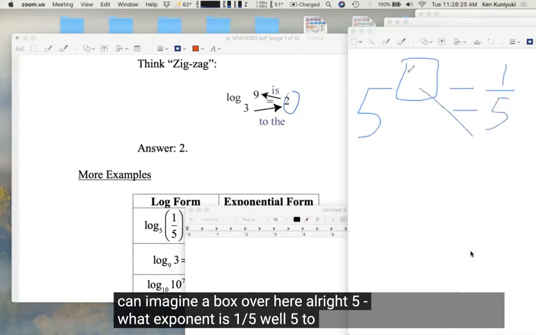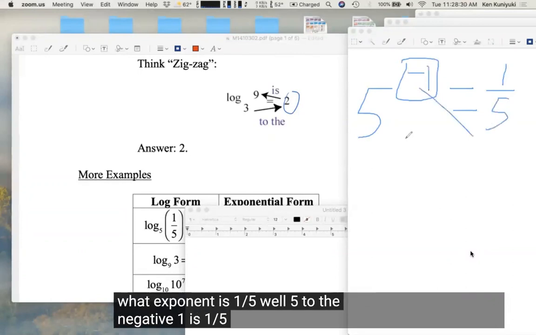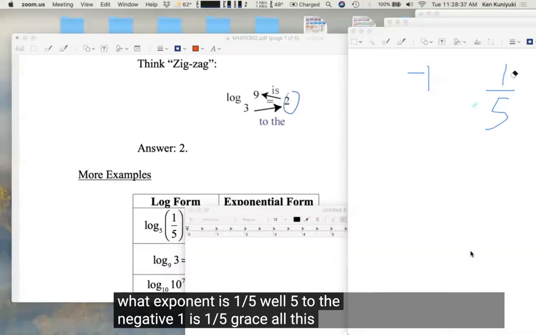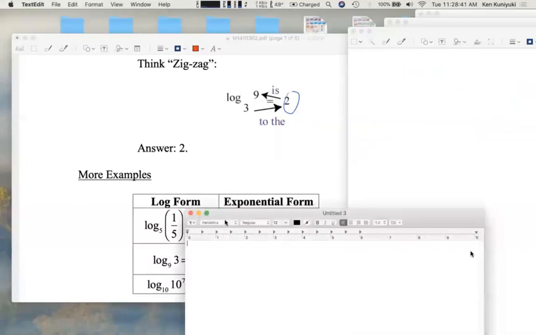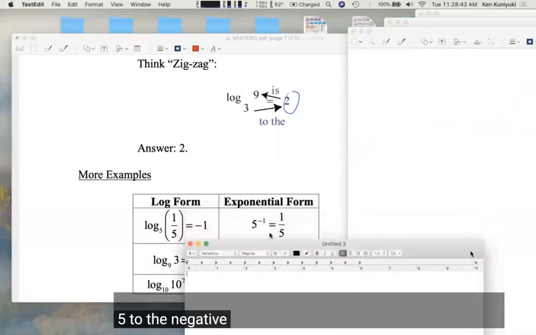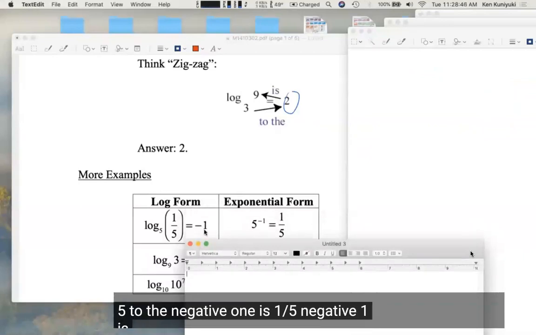Well, 5 to the negative 1 is 1/5. Negative 1 is our logarithm.